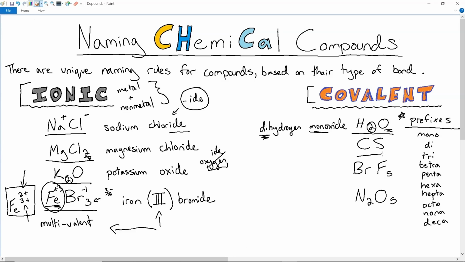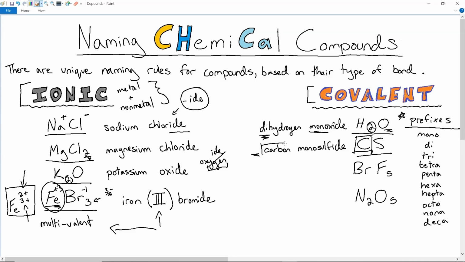In our second example, we have 1 carbon atom and 1 sulfur atom. However, I'm only going to use the prefix on my second atom, right? So if we only have 1 atom at the beginning, we don't have to mark it with the mono.